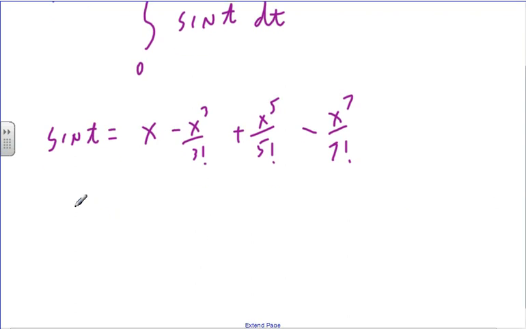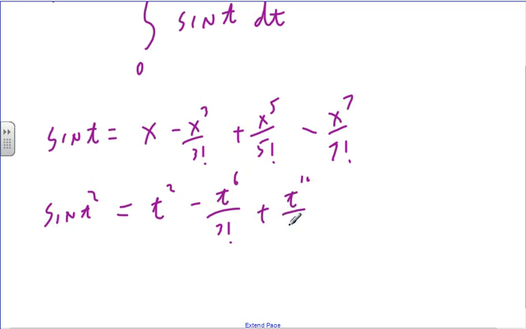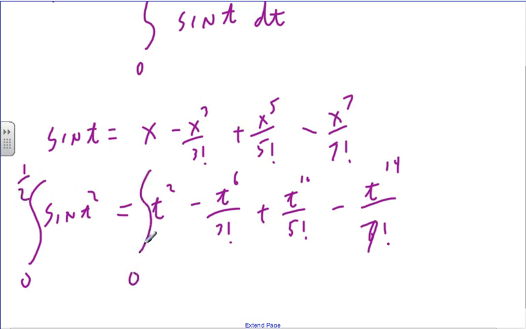And then I say, well, if the sine of t is this, then the sine of t squared has to be t squared minus t to the 6th over 3 factorial plus t to the 10th over 5 factorial minus t to the 14th over 7 factorial, right? So now if I want the integral of this guy, 0 to a half, then I can just take the integral of this guy, 0 to a half.